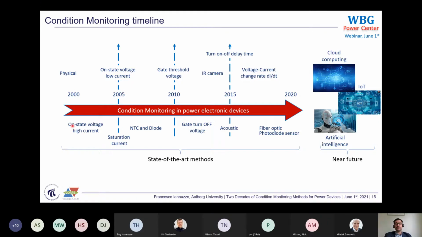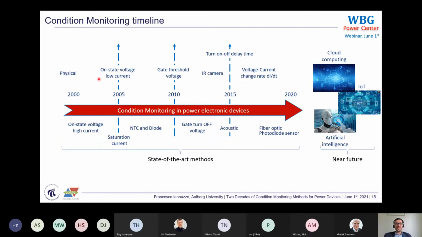In particular, everyone knows about on-state voltage measured at high current, on-state voltage measured at low current, and so on. And then after these, which were, by the way, contact methods, I will be discussing physical methods, measuring chip temperature directly with thermocouples and something like this.